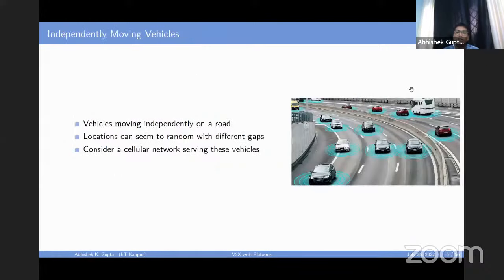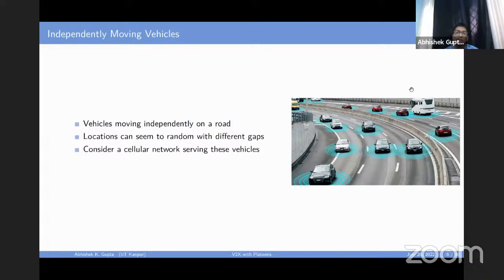This is in contrast with independently moving vehicles. We can call them non-platoon vehicles. In this case, the vehicles are not coordinating with each other; they are moving on their own. When you look at these vehicles moving on a road, you can see that they are really random because they are moving independently.